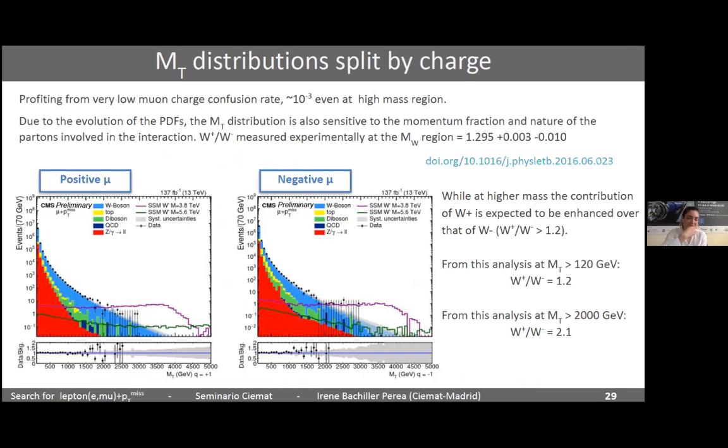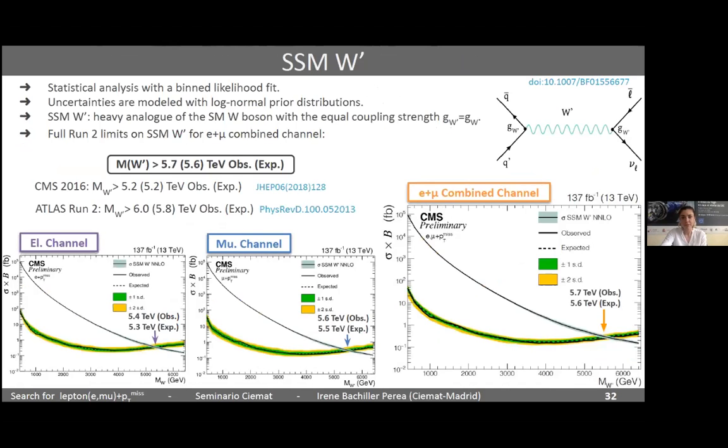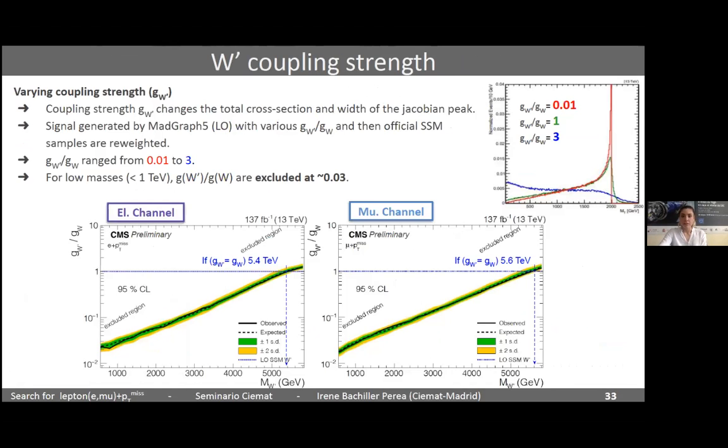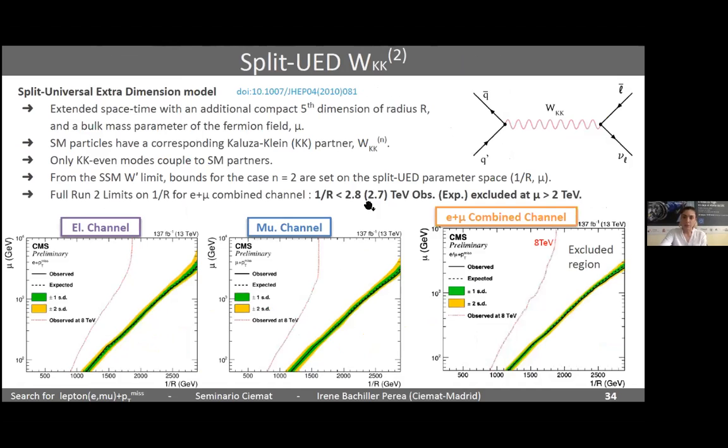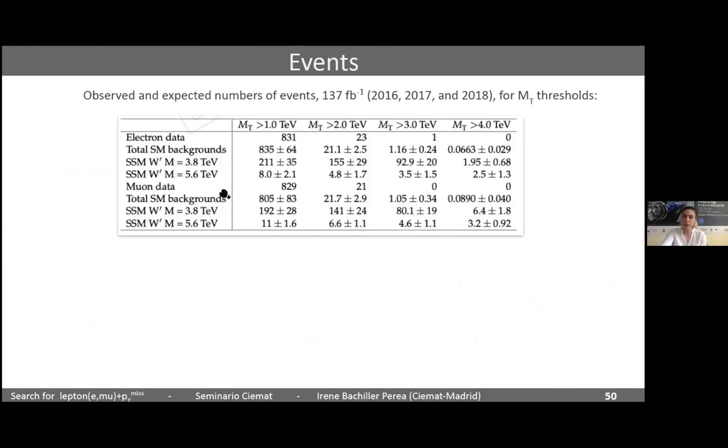Okay, thanks. Irene, maybe, sorry, this is Begoña. Just to continue with what Ignacio was saying, you have the table of numbers. Maybe you can show the amount of events. So it's, let's say, above 2 TeV in transverse mass. We were looking at the muon channel.